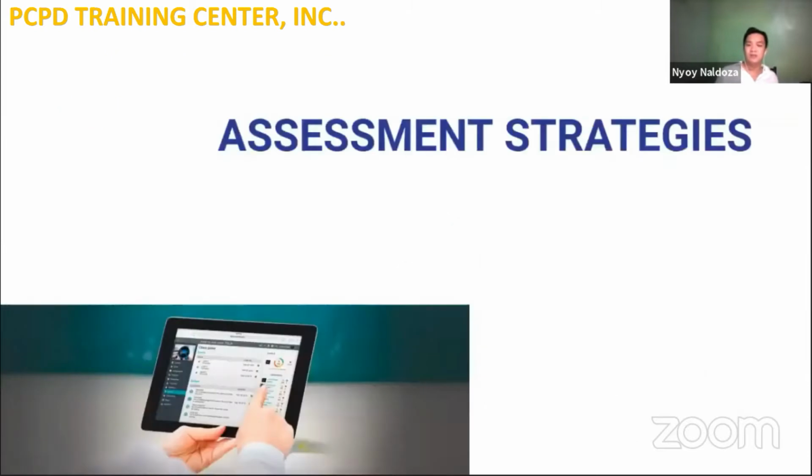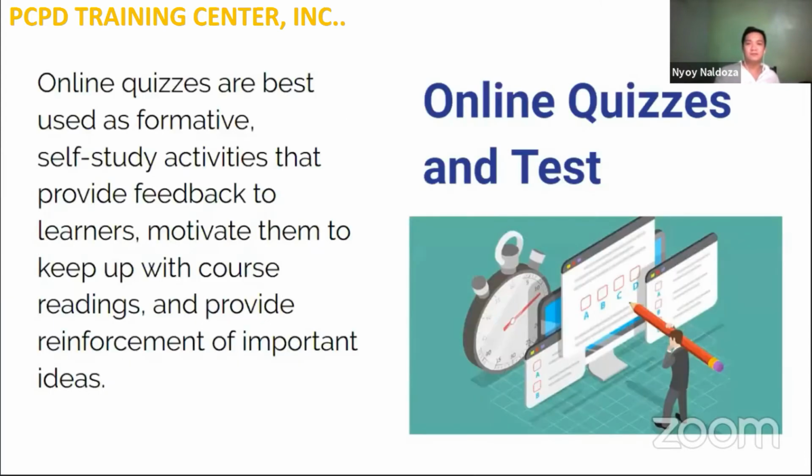Now let's talk about the different assessment strategies. For these strategies, I will be recommending to you some of the relevant activities that you can apply to perform an outcomes-based assessment or instruction in a flexible learning environment. So let's have here the first one.